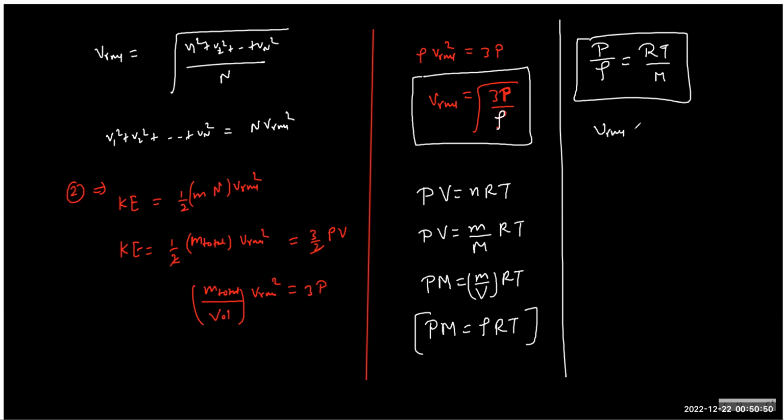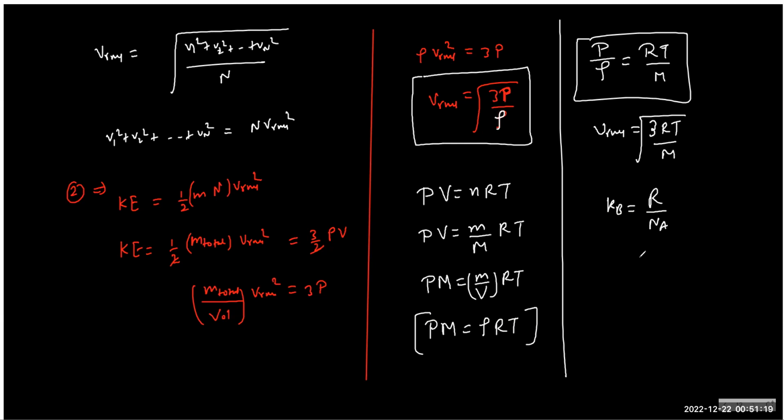So VRMS is how much? Under root 3RT by M. This is the proof of the VRMS. Understood? Yes, sir. Now we need to define something called the Boltzmann constant. So what is the Boltzmann constant? R by Avogadro number. Understood?